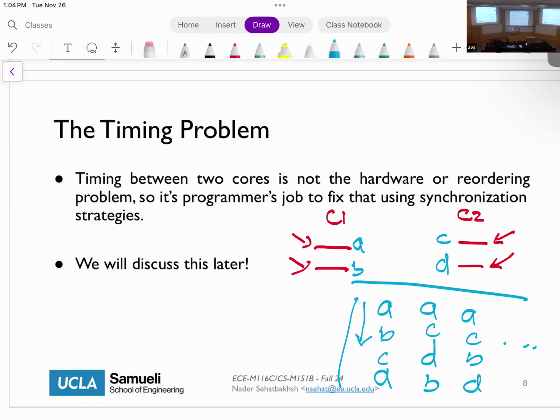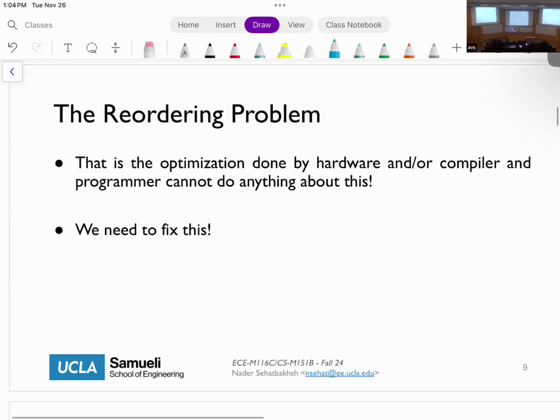But this, again, as I said, is all about the software developer. What is not about the software developer is the reordering problem. If I don't know whether A and B are always going to maintain the same order or not, then regardless of whether or not I have all those barriers and software tools, I might still run into issues.